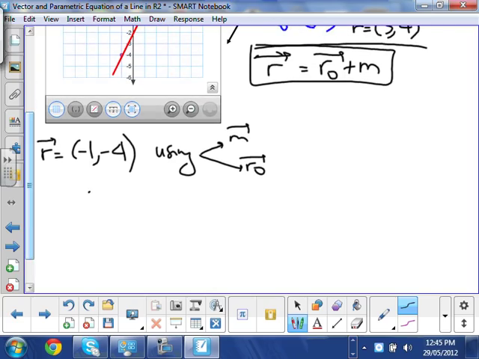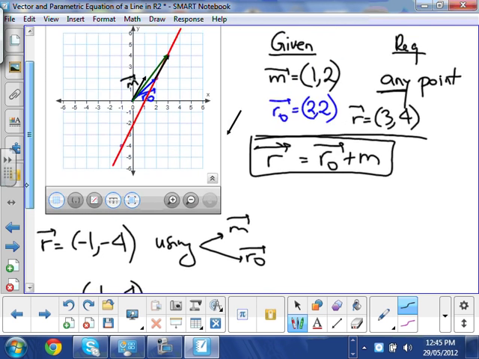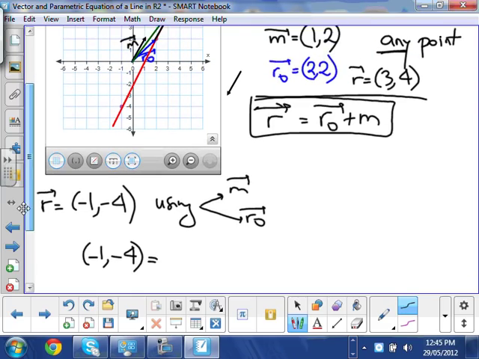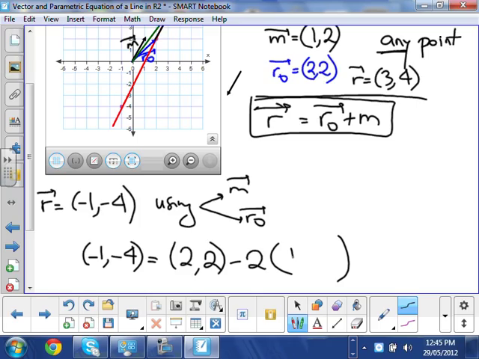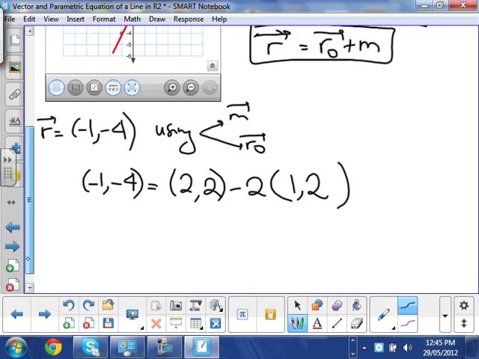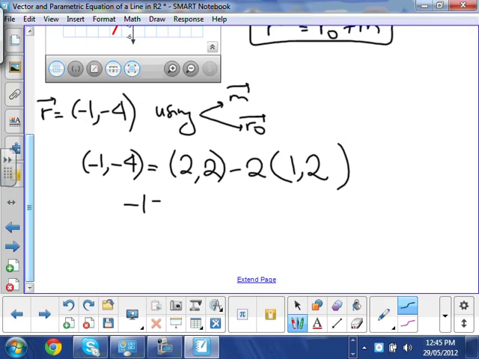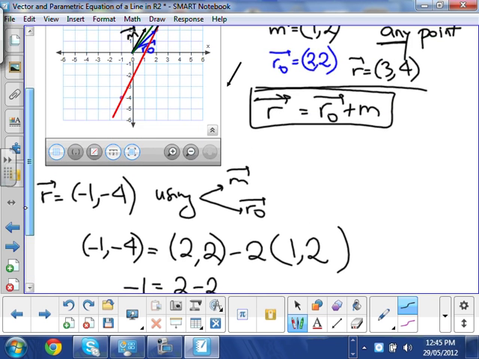If you look carefully, -1, -4 can be written as R0 plus -2, we'll work through the algebra in a second, times M, 1, 2. Is that true or not? Let's try to check the algebra first. -1 equals 2 minus 2, that's not correct.